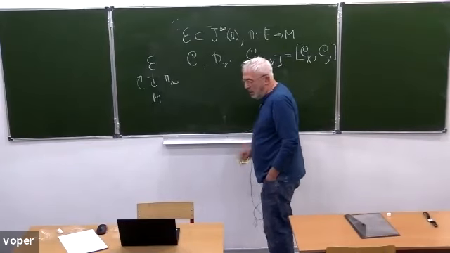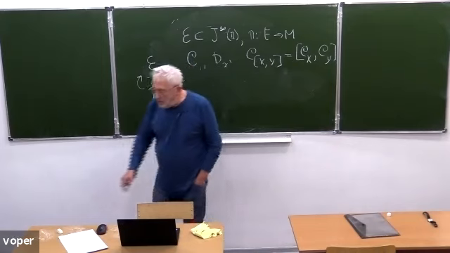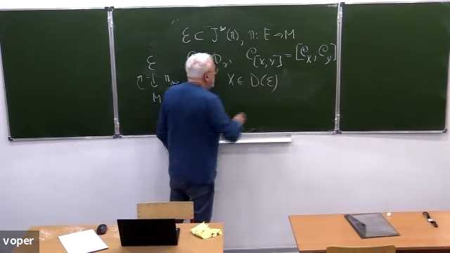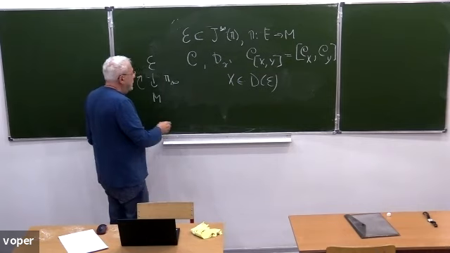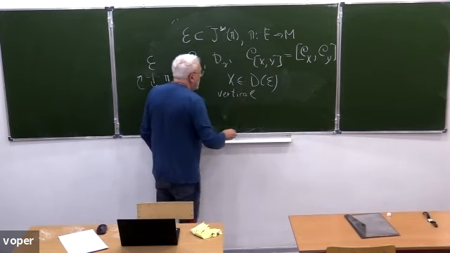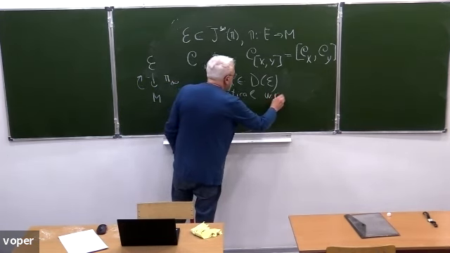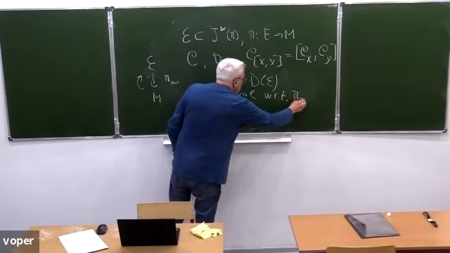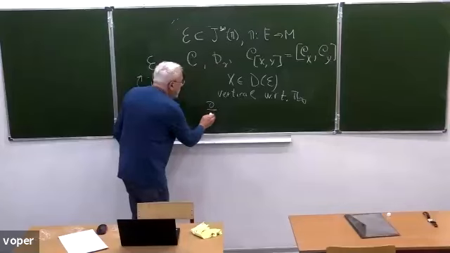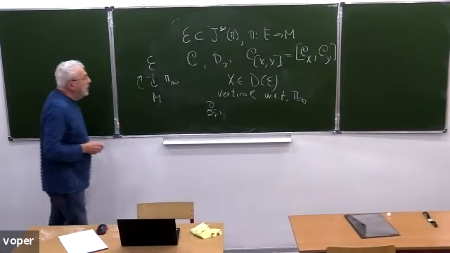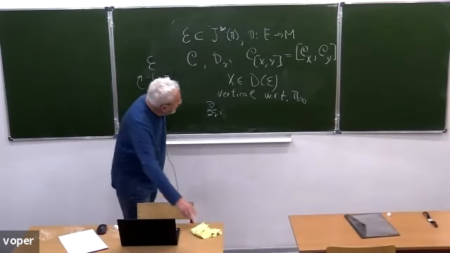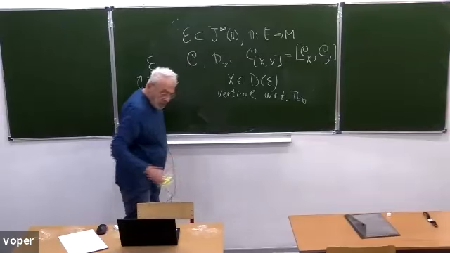So a symmetry is a vector field on the equation, which is vertical with respect to this projection, which means that it does not contain components of the form, and which preserves the Cartan distribution.